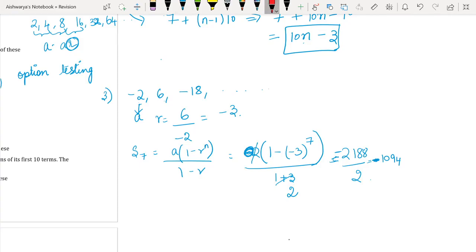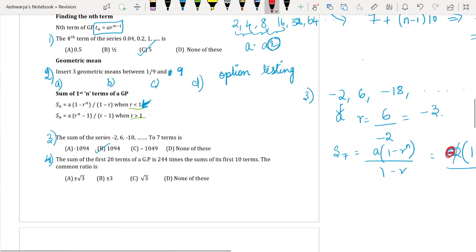Mark this with red pen. The moment we miss out something, we will mark it with red pen. Okay. So the answer will be negative 1094, not this. Not this. Fourth question, read the fourth one.